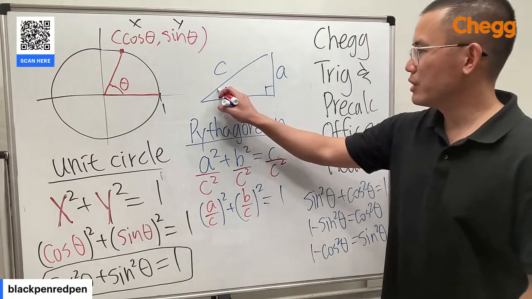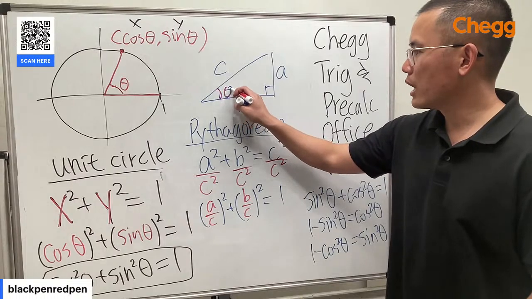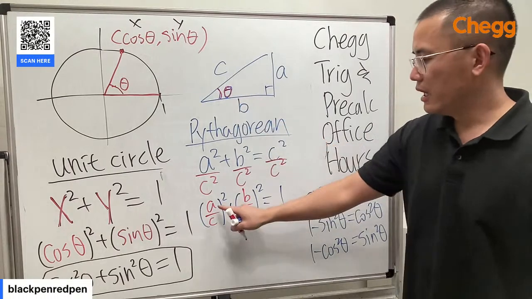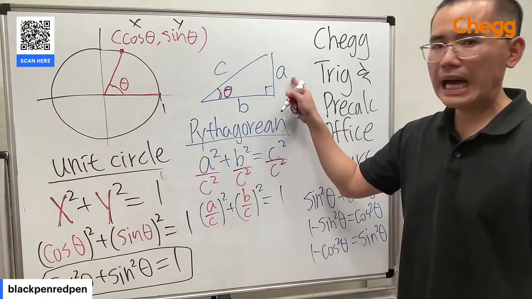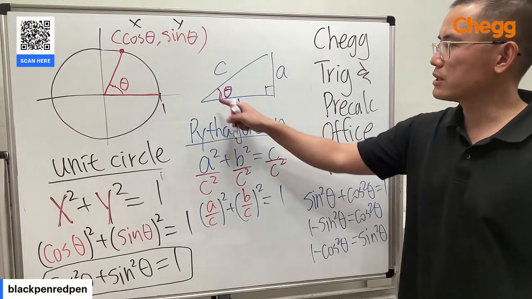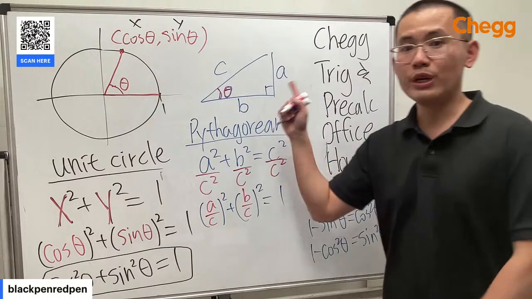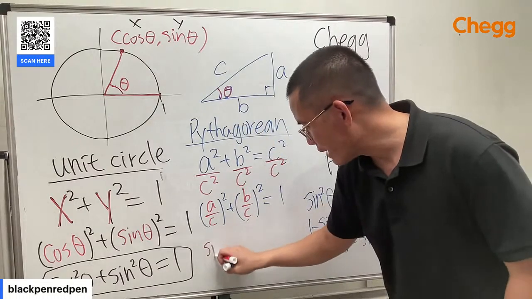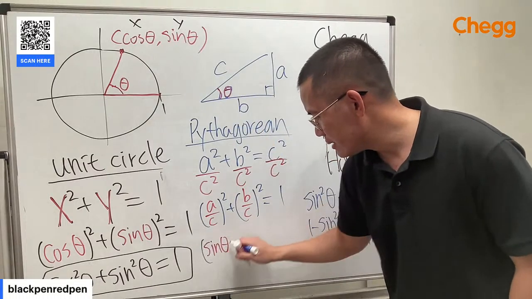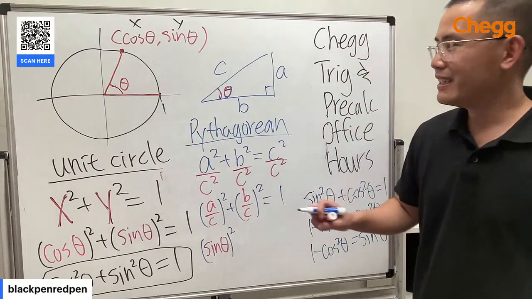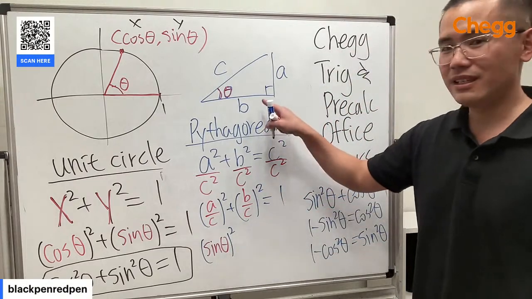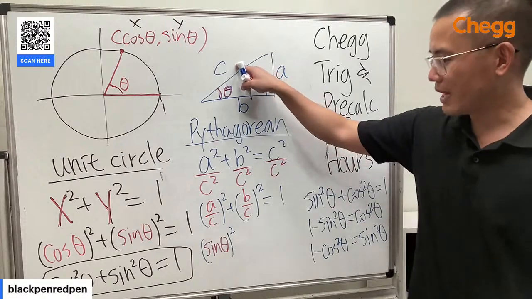Now, as I mentioned earlier, we call this angle theta. A over C is opposite over hypotenuse. So this right here will give you sine theta. So we have sine theta and then squared. And then B over C is adjacent over hypotenuse.